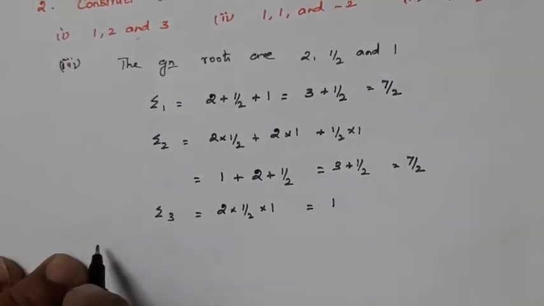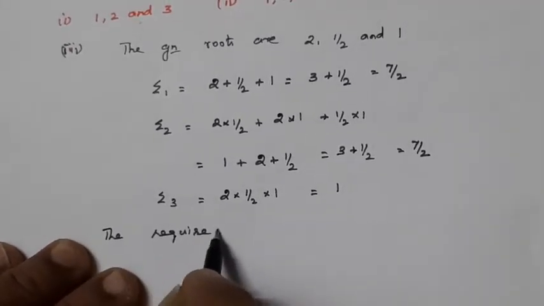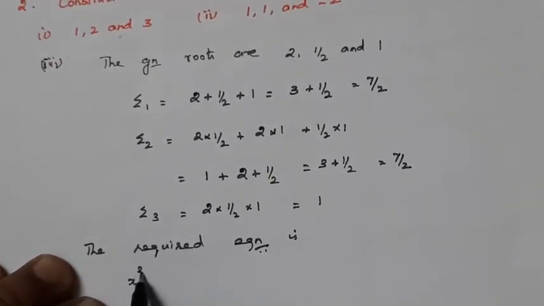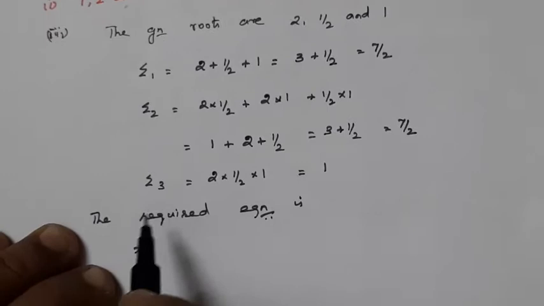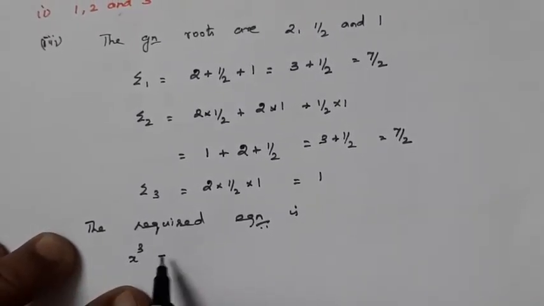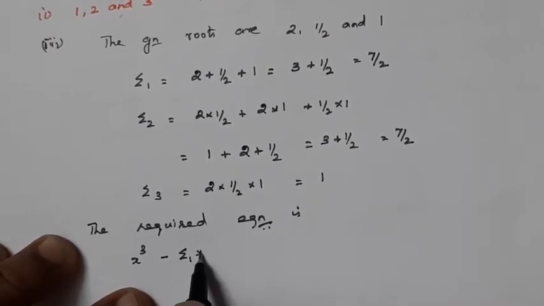Now, what is the equation? The required equation is x cube. As 3 roots are given, you are going to get a cubic equation. So you start with x cube, then the coefficient of x squared has the sign minus, so it is minus sigma 1 into x squared.